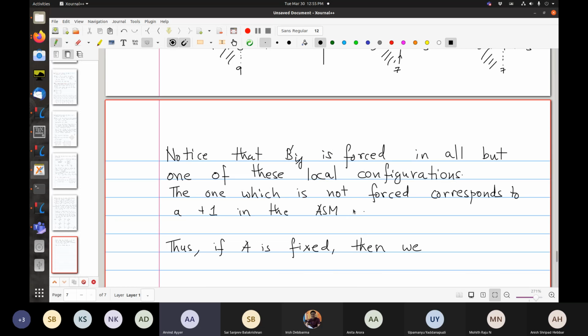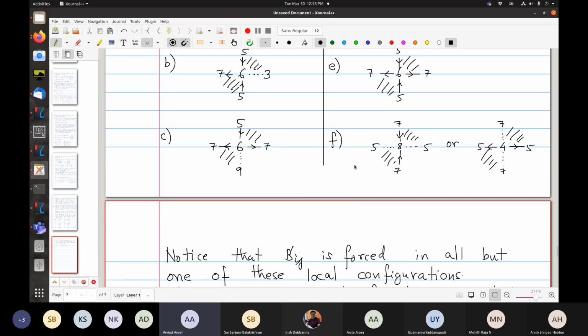So this should be the ASM A because, you see, remember I told you that going from the height function to the ASM corresponds to taking this 2 by 2 square of entries.